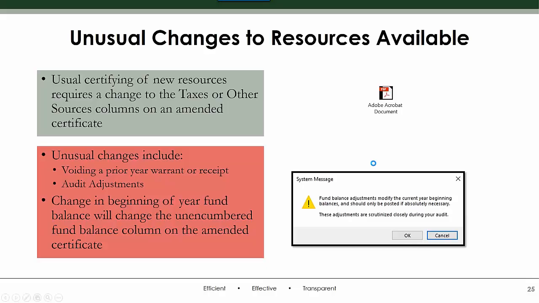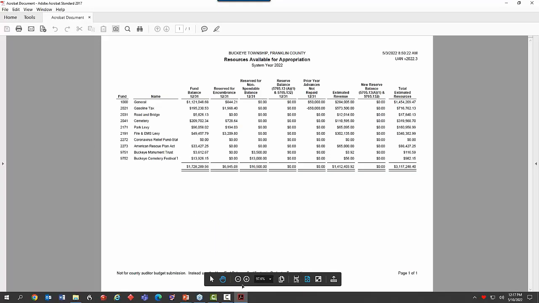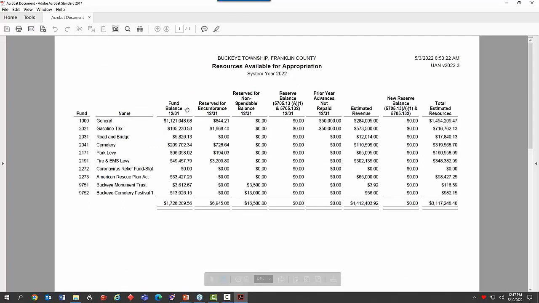So let's see what lovely little PDF document I have for you here. So you can see the fund balance I was talking about, the report resources available for appropriation. This far right column should match the far right column on your amended certificate because they come to the same amount.